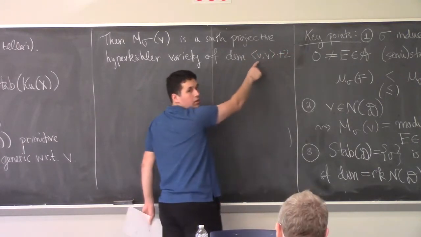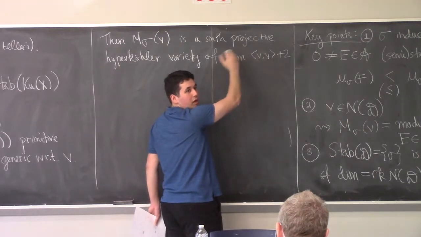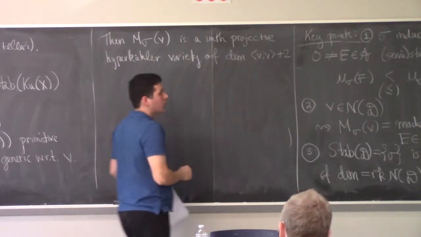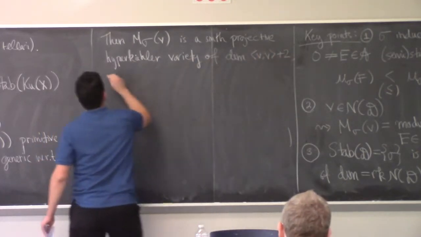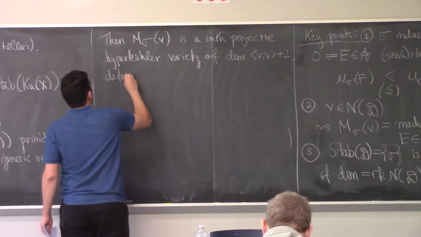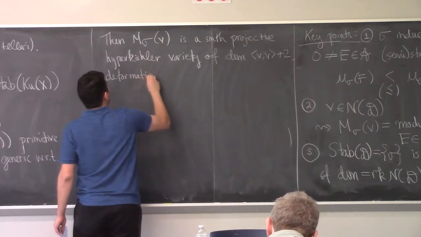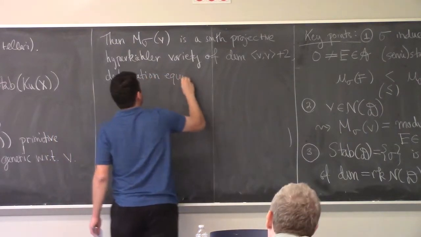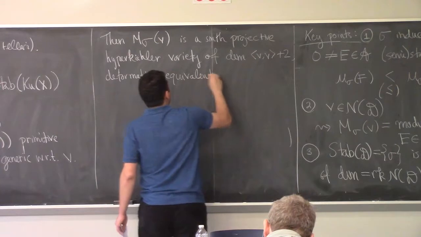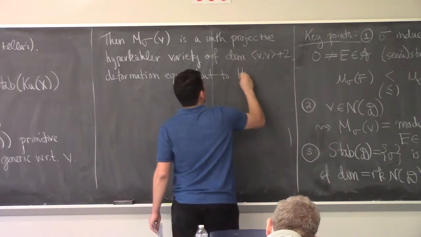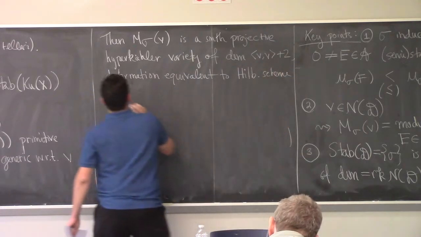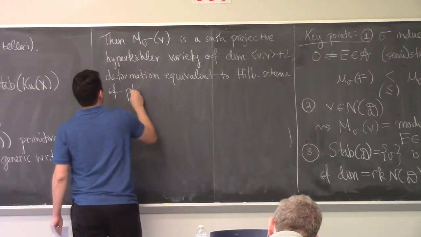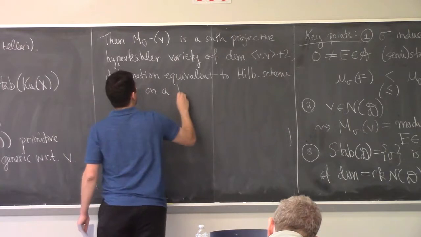So this is the pairing from before on the numerical Grothendieck group. And moreover, this thing, M sigma V, is deformation equivalent to the Hilbert scheme of points on a K3 surface.